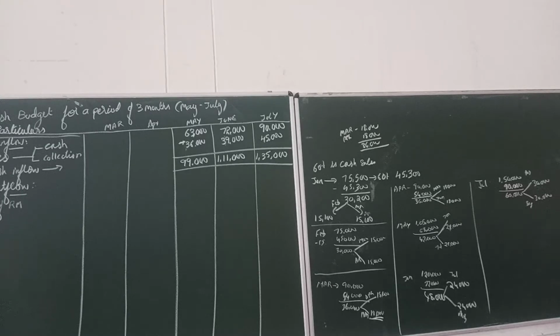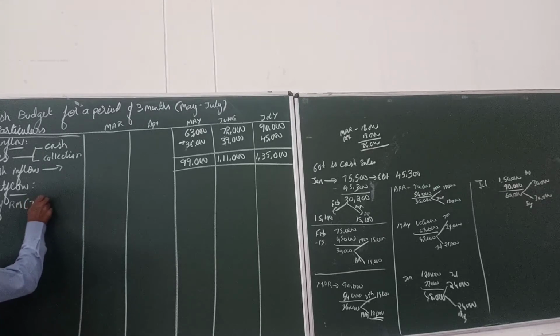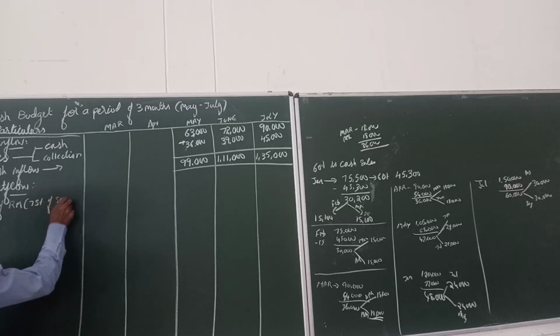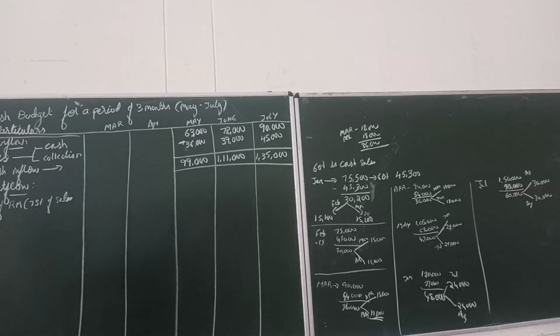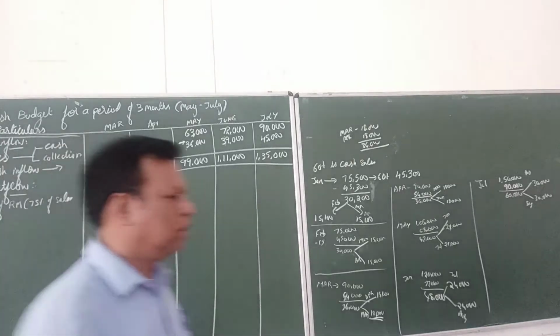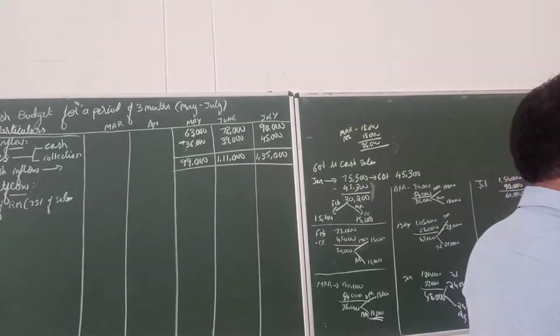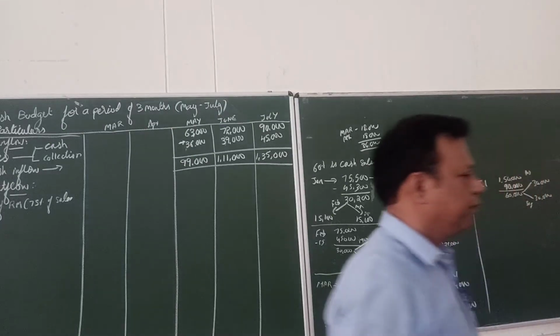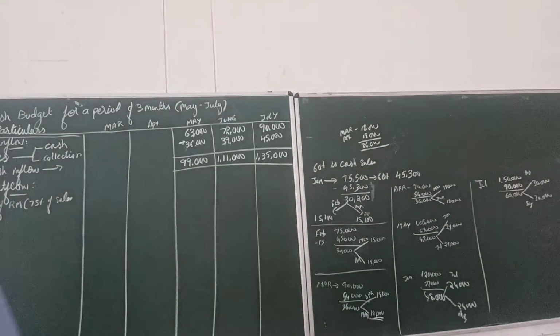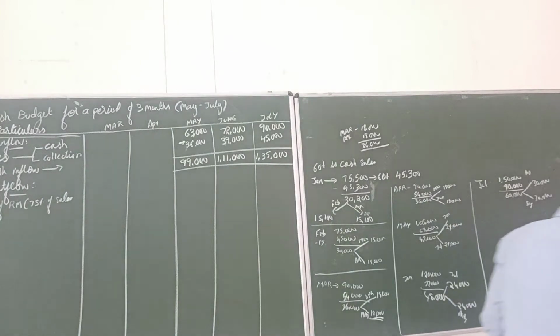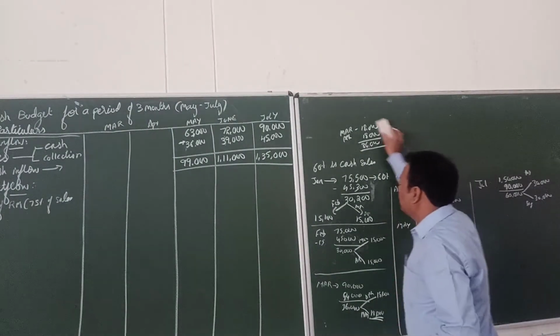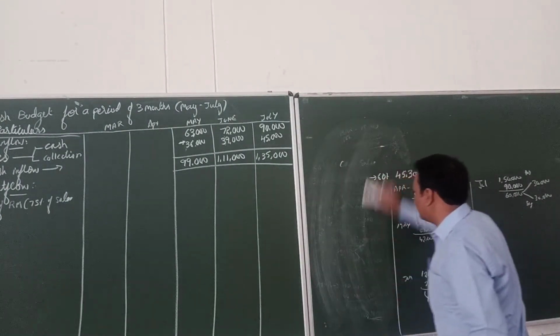Cost of goods manufactured is how much? 75% of sales. And how are we collecting? We put a separate working note so that it is easy for you to understand.